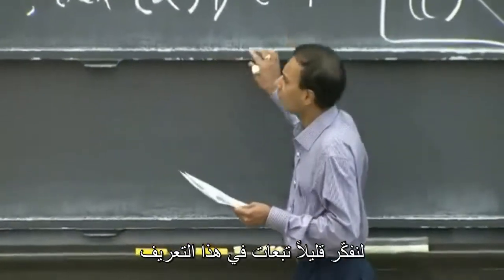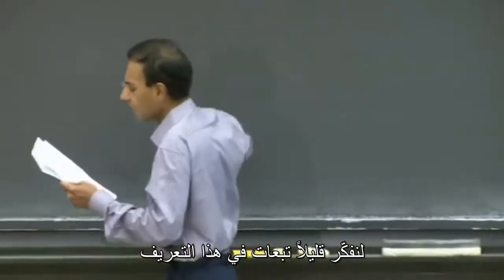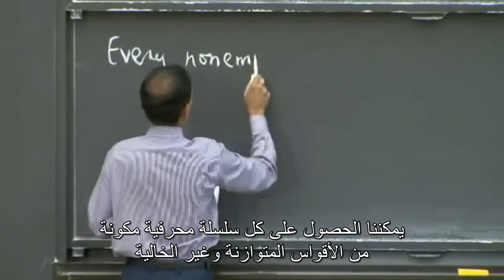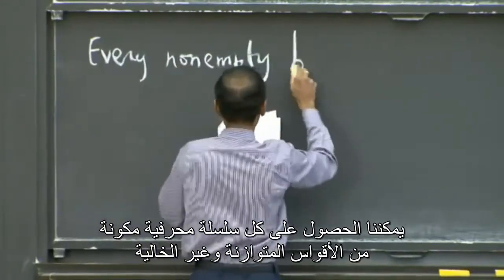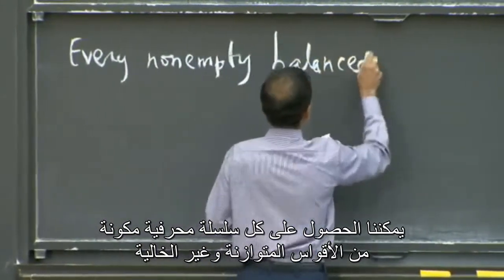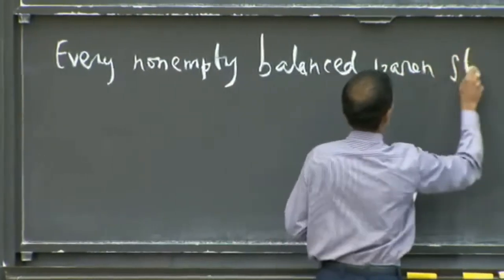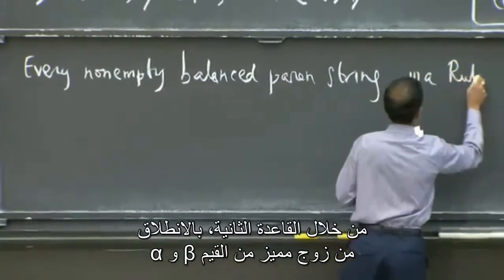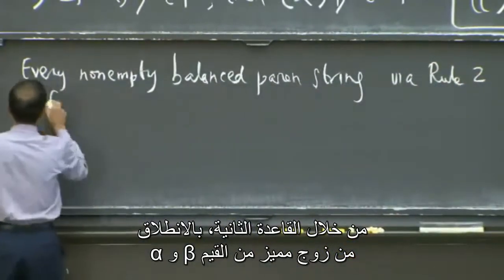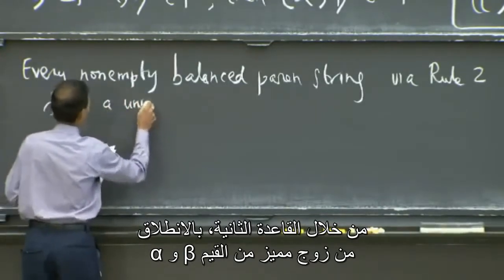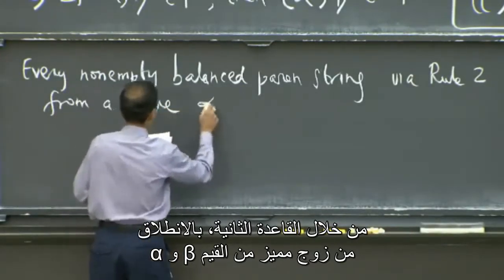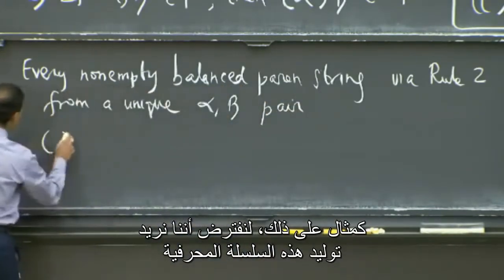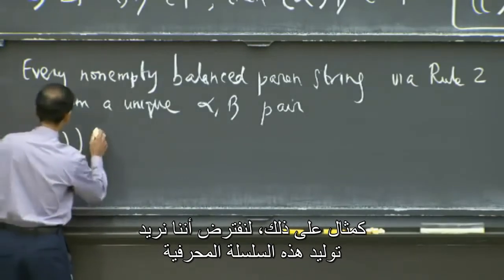And so the nice thing about this definition is that you can get every non-empty balanced paren string via rule 2 from a unique alpha beta pair.